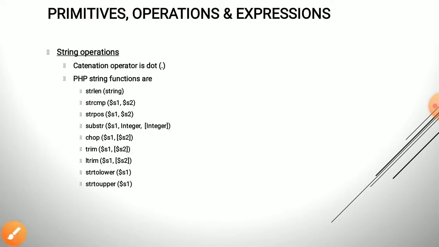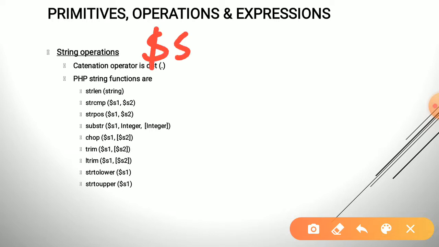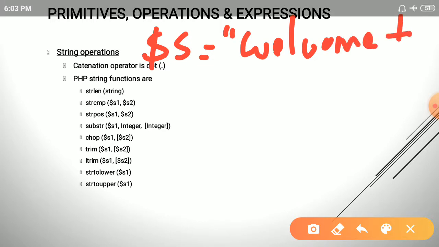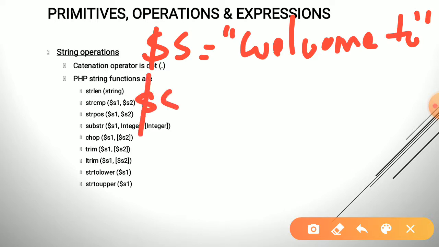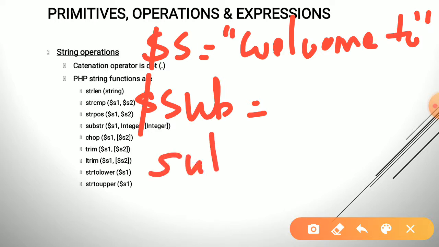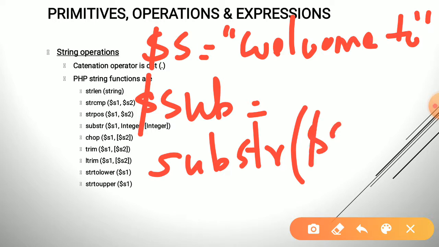For example, suppose $str is equal to "welcome to". Suppose this is the string, and I extract a substring, $sub equal to substr($str, ...). So I have to specify the starting position.